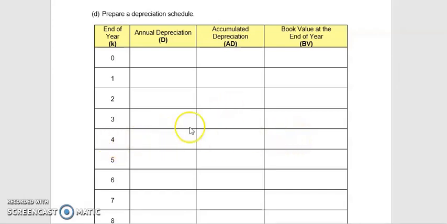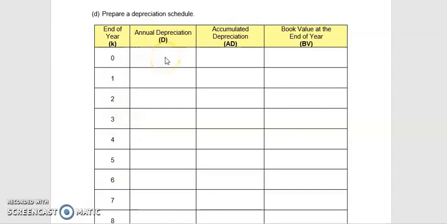Okay, now look at the first column. We start with year 0. Why year 0? Because this is the time that you just bought the item or the asset. Then start with year 1, 2, 3, and so forth.